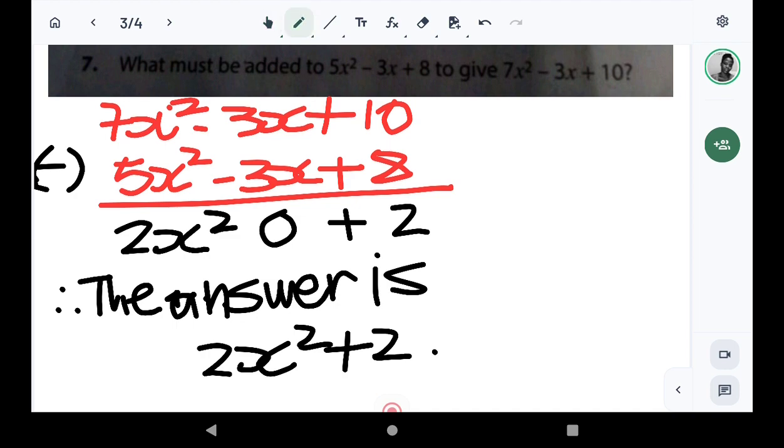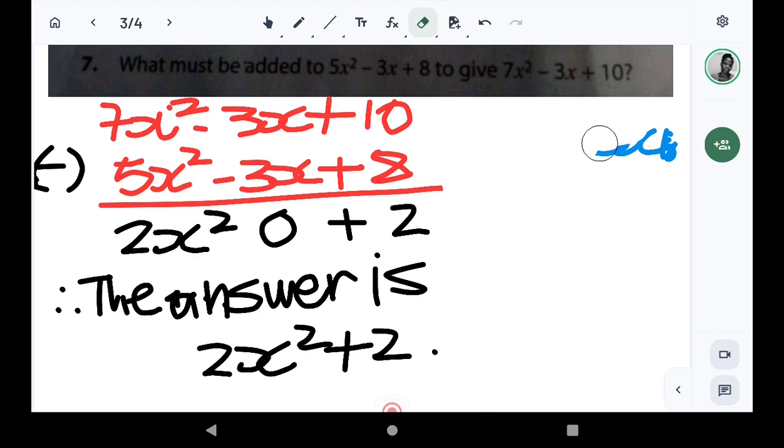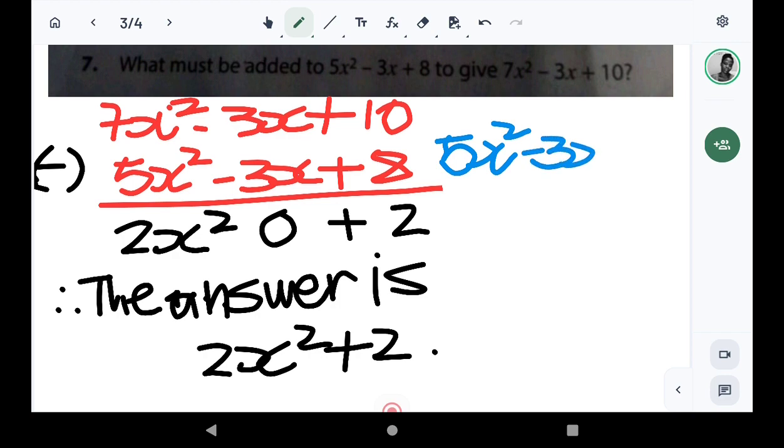Let's check if that works. Let's just check it to see if it will work. Let's go 5x squared minus 3x plus 8, add 2x squared plus 2.